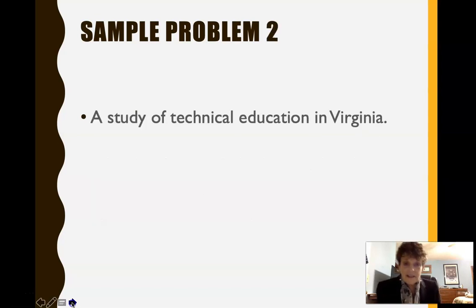Let's look at a second one. A study of technical education in Virginia. That's a very relevant topic. That's very good. So think about that for a minute and consider ways that we could change that. What are we missing?